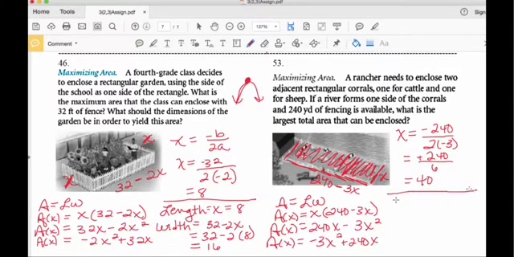So our length is our x value, which is just 40. And our width is equal to 240 minus 3 times our x of 40, which is 240 minus 120, which is going to be 120.